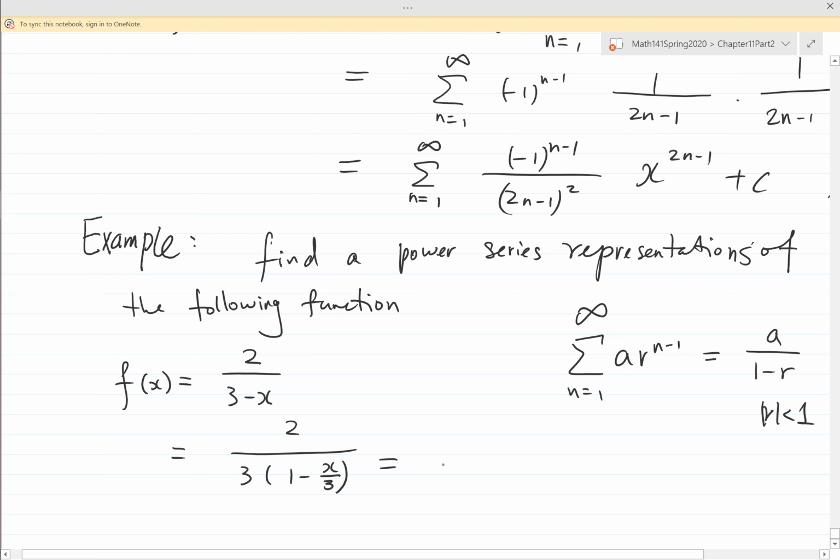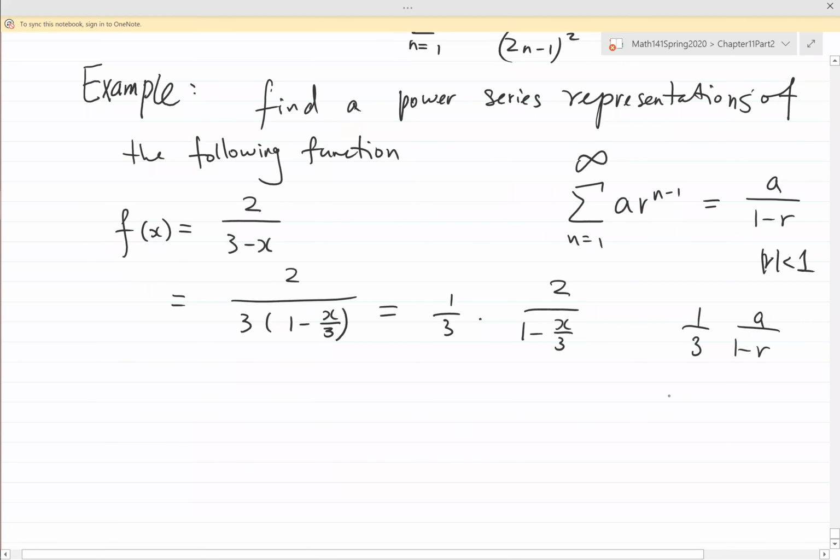So this is 1/3 times 2 over 1 minus x over 3. 1/3 is a constant, so you think of it as 1/3 times a over 1 minus r. If you compare, you get a is 2, r is x over 3.